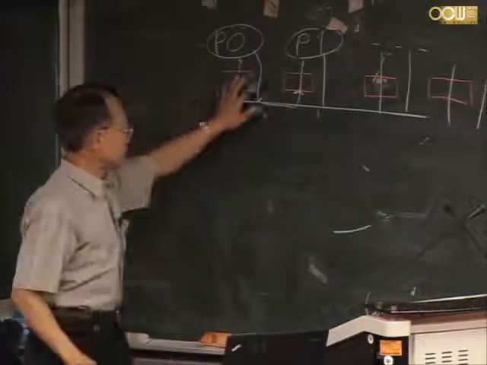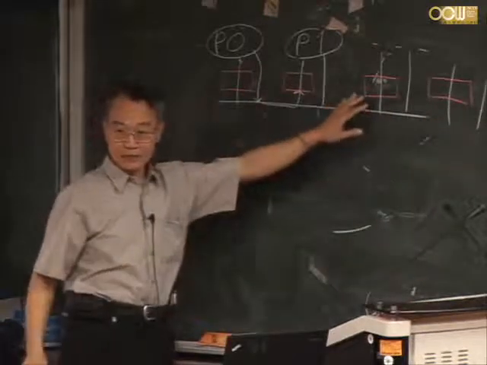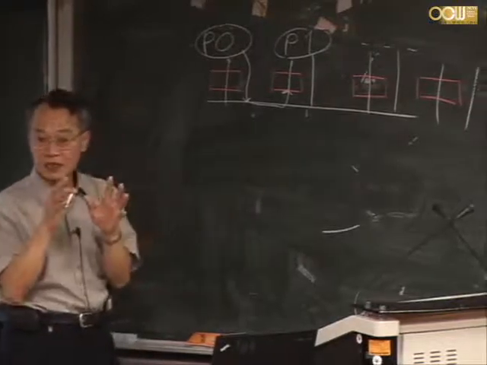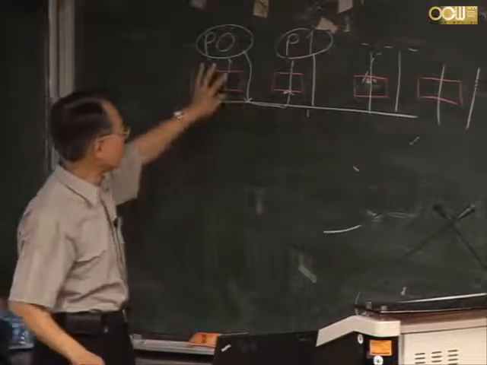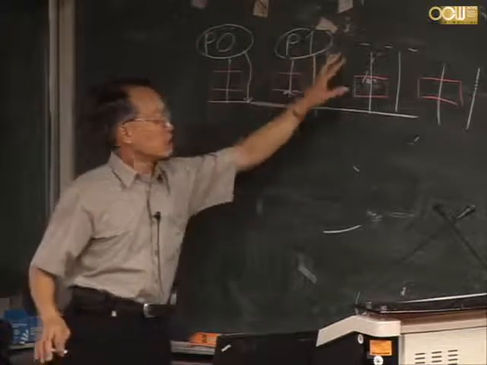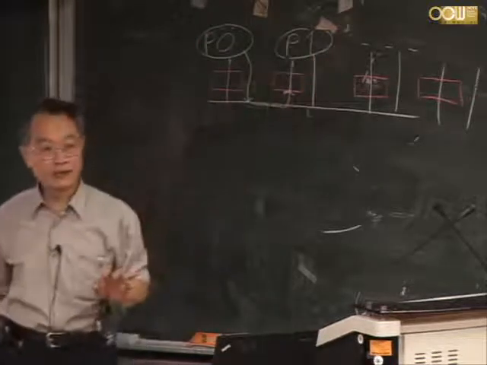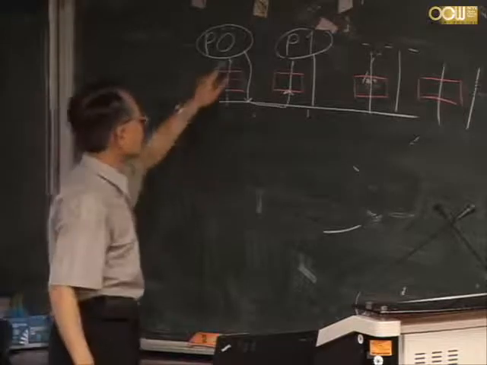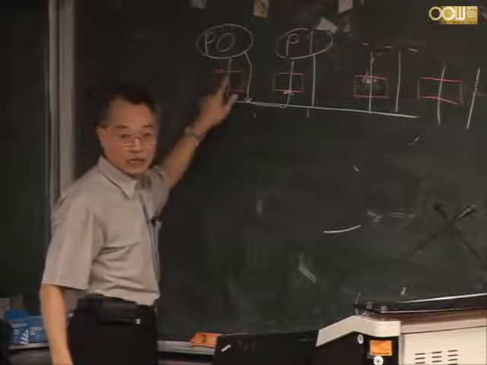Okay, so this memory may still be shared virtually, but distributed to be attached to each individual processor. So the difference is the distance. I may be accessing the local memory, which is very near to me.